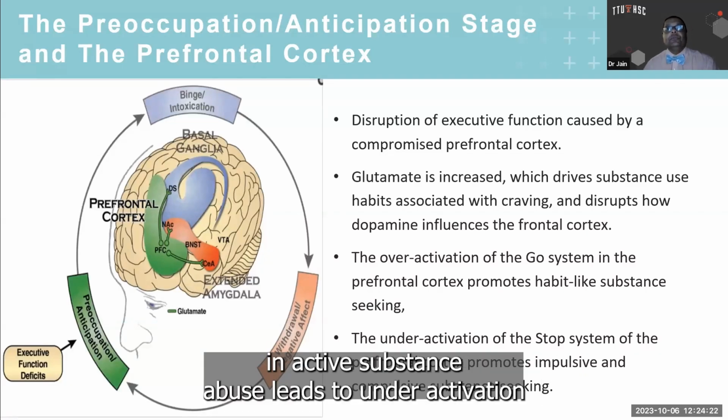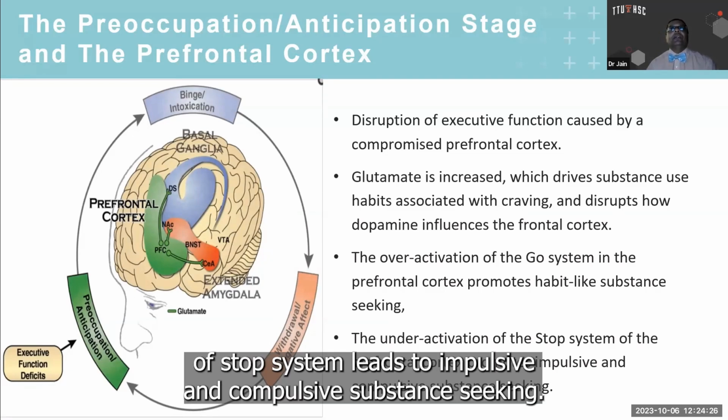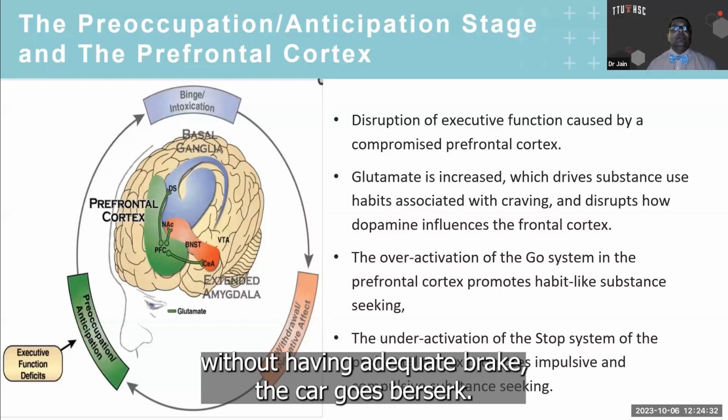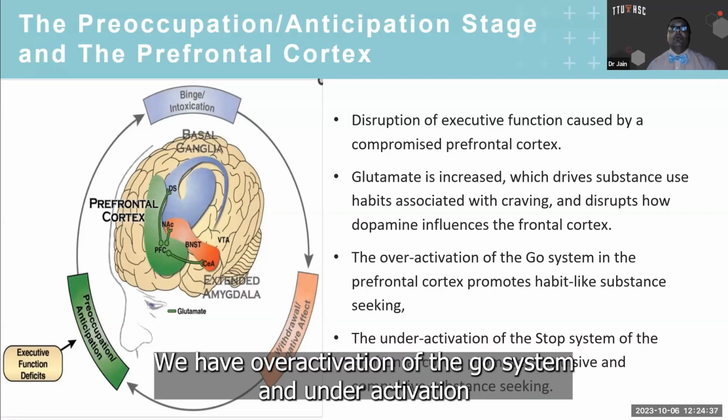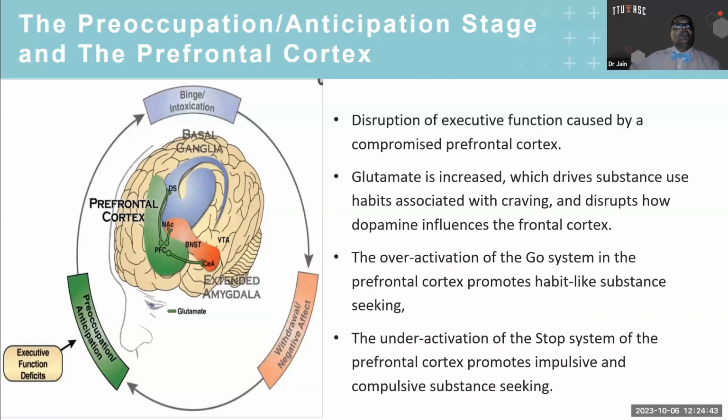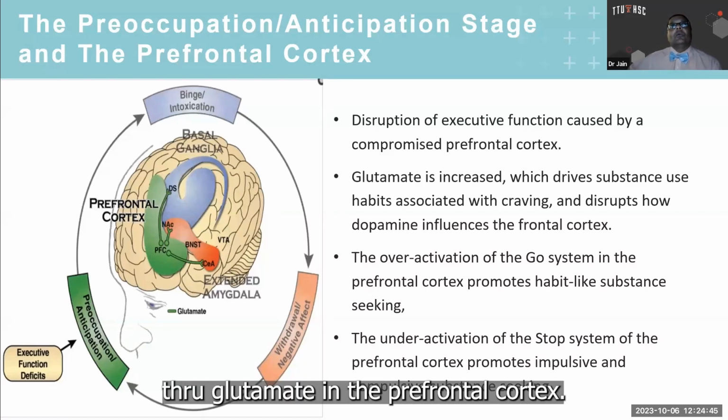Active substance abuse leads to underactivation of the stop system, leading to impulsive and compulsive substance seeking. It's just like a car, right? If you're putting too much gas without adequate brake, the car goes berserk. Same thing over here. We have overactivation of the go system and underactivation of the stop system, which is mostly involved through glutamate in the prefrontal cortex.